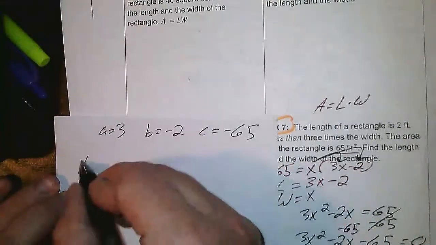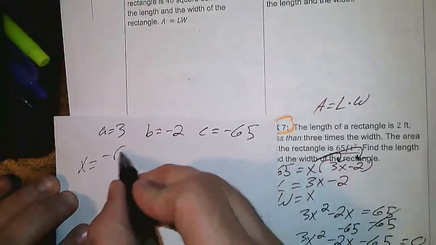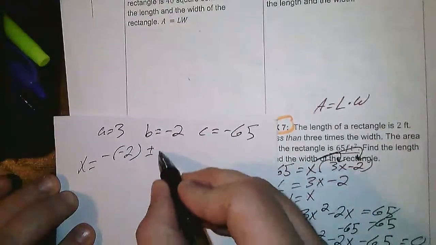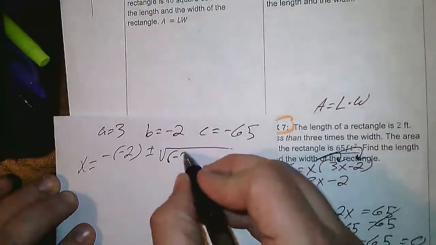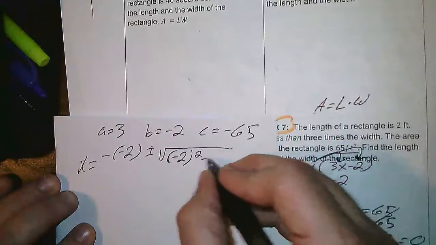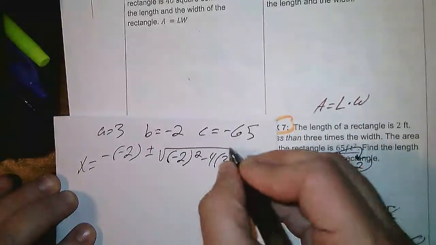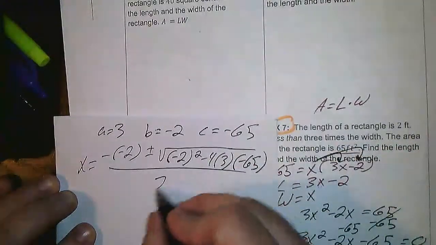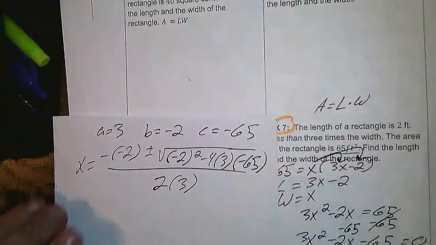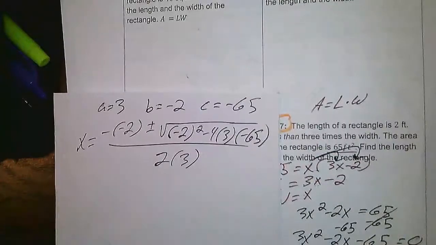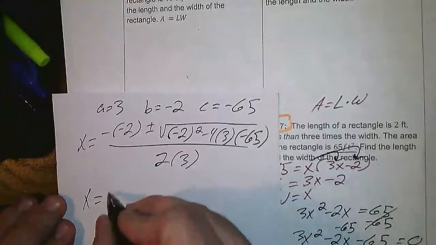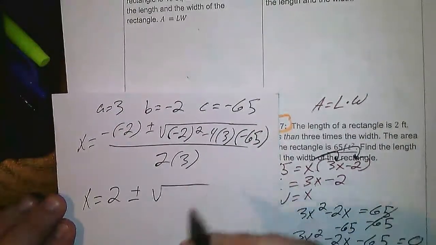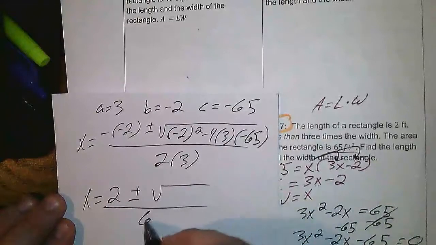So x equals negative b plus or minus the square root of b squared minus 4 times a times c, all divided by 2a. Keep in mind, this is a word problem. In a word problem, we throw out the negative answers.